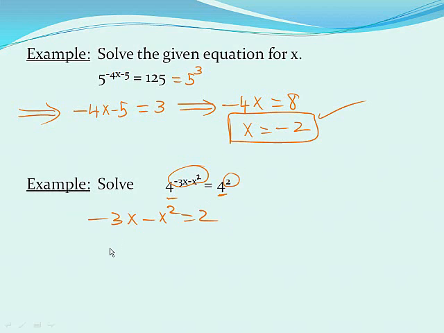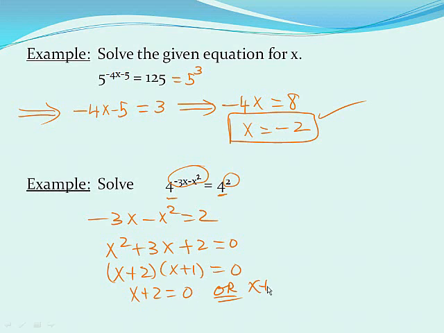If we simplify this, I can write it as x squared plus 3x plus 2 equals 0. So this is factorable: x plus 2 multiplied by x plus 1 equals 0. So x plus 2 equals 0 or x plus 1 equals 0. So that gives the two x values, x equals negative 2 or x equals negative 1.